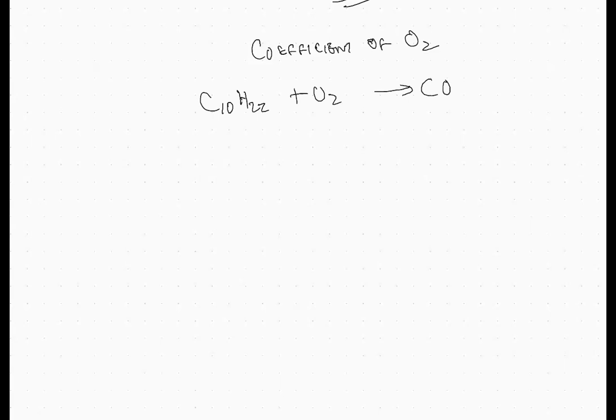You have to know the types of reactions at this level, either introductory or general chemistry level first. With oxygen, you get carbon dioxide and water. So you have 10 carbons here. So if I put 10 here, hydrogen I have 22. So if I put 11 here, then I get that balance.